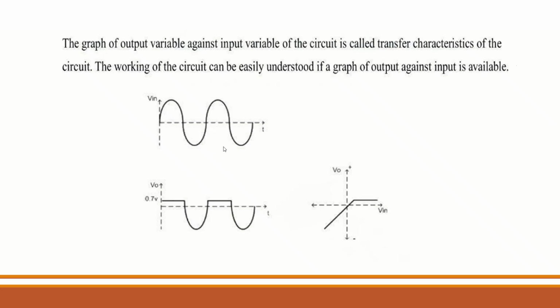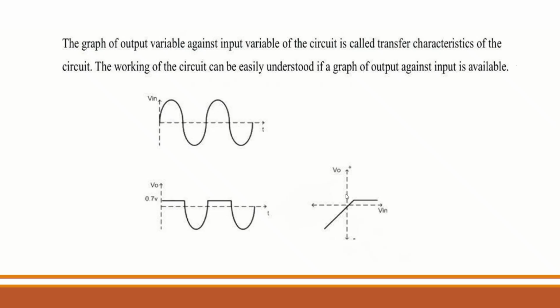How can we plot the transfer characteristics for the given signal? On the input axis, that is the x-axis, in the positive direction, the input voltage varies from 0, 0.1, 0.2, 0.3, up to 0.7. At that time, the output voltage also varies up to 0.7. The variation is linear to the input wave.